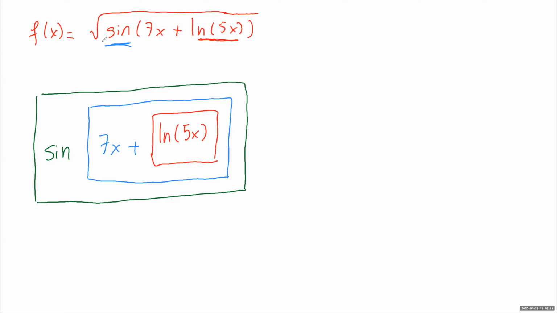Okay, and then I go out to the next outer function, the most outer function, which is the square root of x. And I have to put it in the square root of x. Square root. And this is a box. Okay.